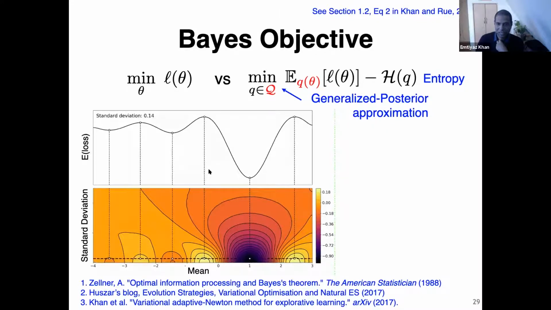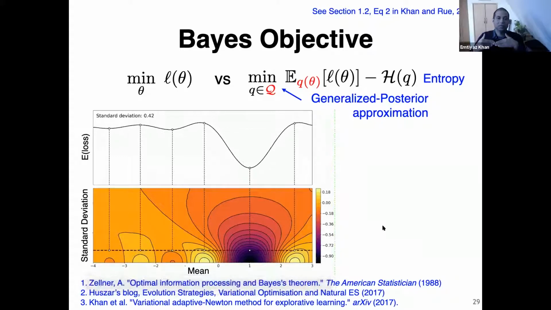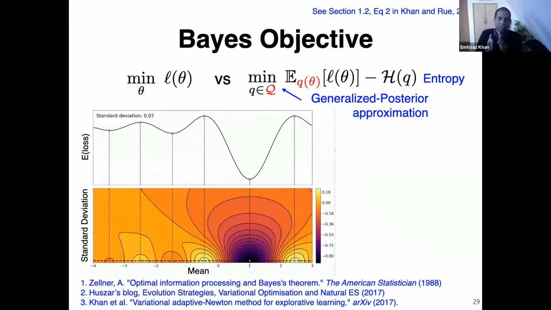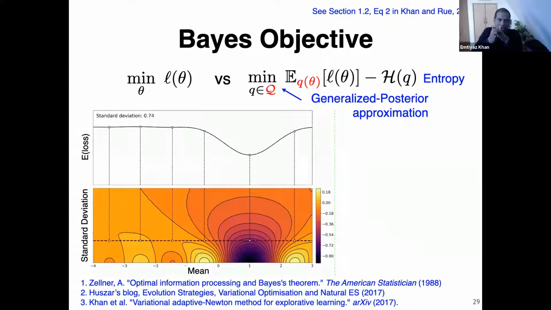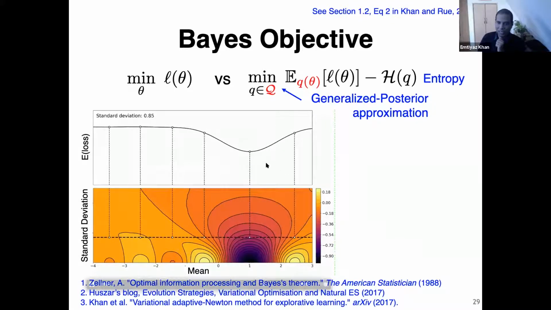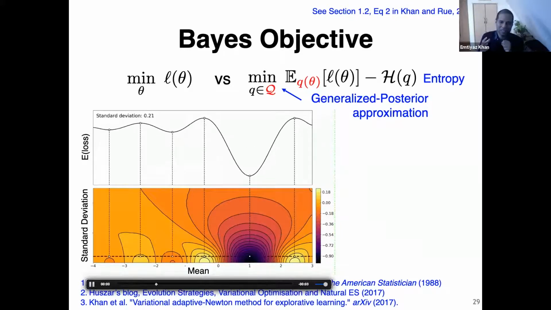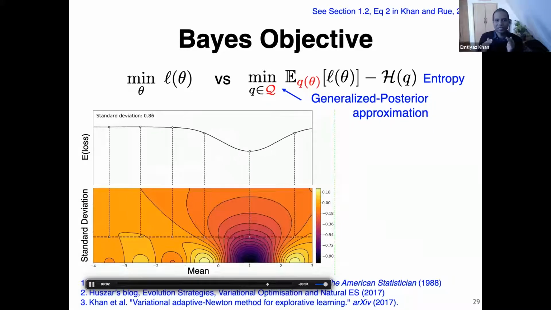But now I can slowly see what happens as I increase the variance. I'm letting this Dirac delta go a little bit wider. When I do that, some of these local minima that appear at other places disappear, they get smoothed, because I'm now sampling over many examples.